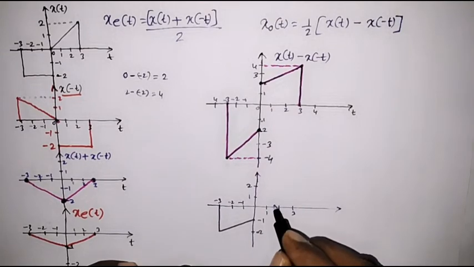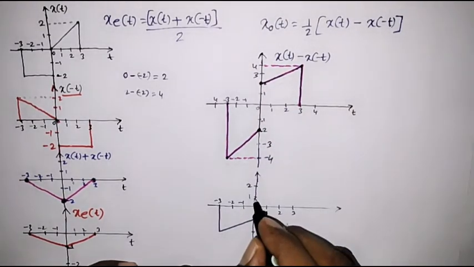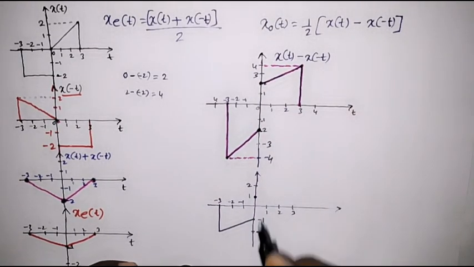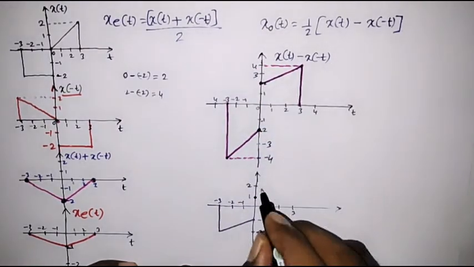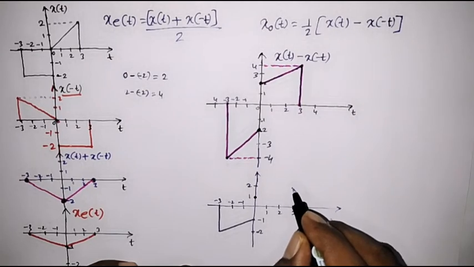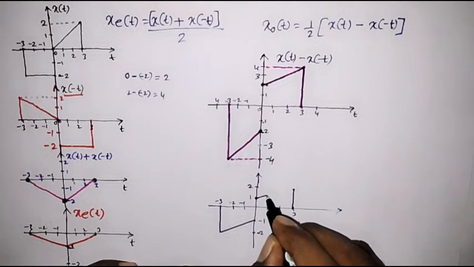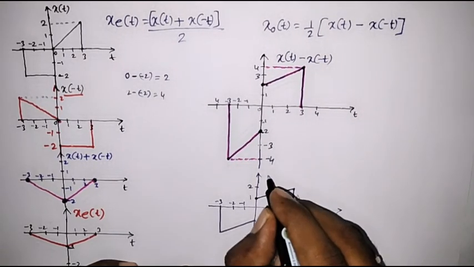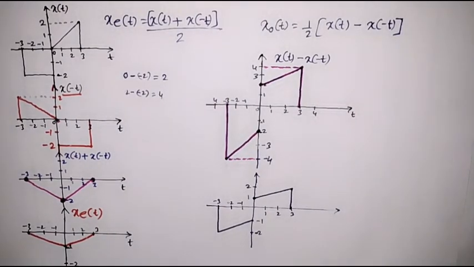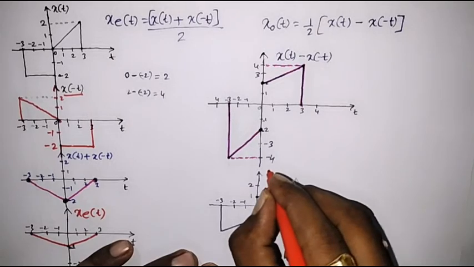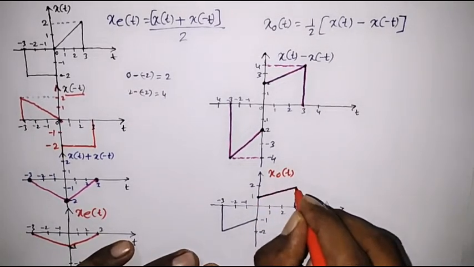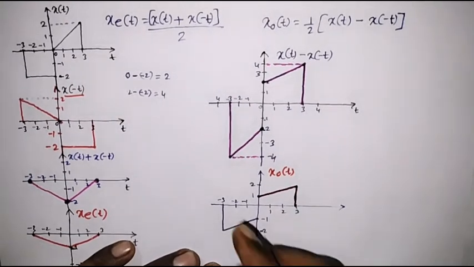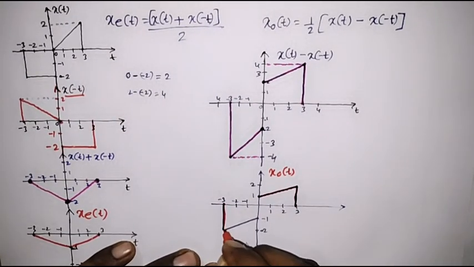And here we have 2 which appears at t equal to 1, and at 3 its magnitude was 4, it will appear at 2. So this is the xo of t signal, that is this part and this part.